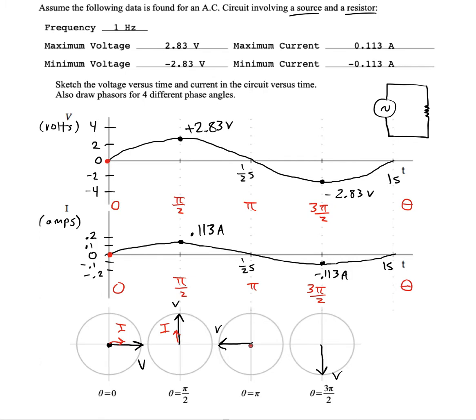Notice that the current is a different magnitude than the voltage. The length of the vector represents its magnitude. The length of the voltage vector will be V max, which is 2.83 volts. And the length of the current vector will be I max, 0.113 amps.